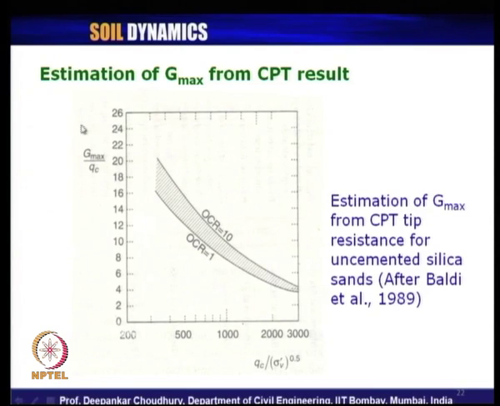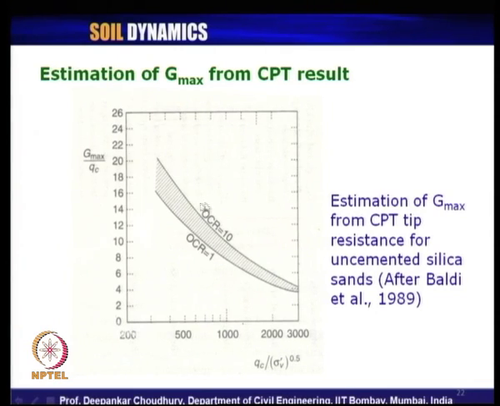So, when you find this kind of non-dimensionalized result in literature, it is much better than equations which involve dimensions. And on the x axis, it is QC by sigma v dash to the power 0.5.